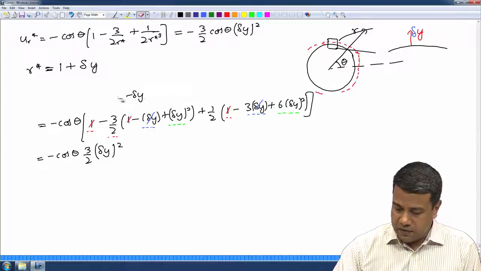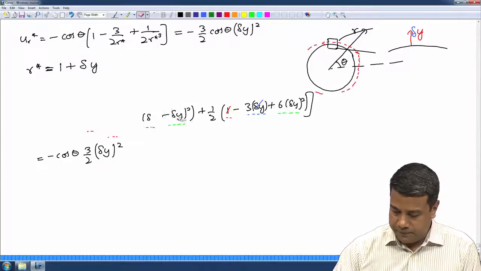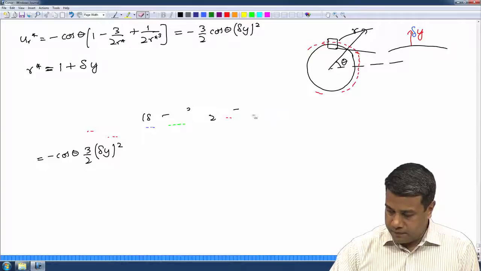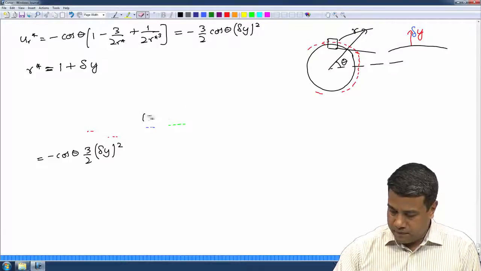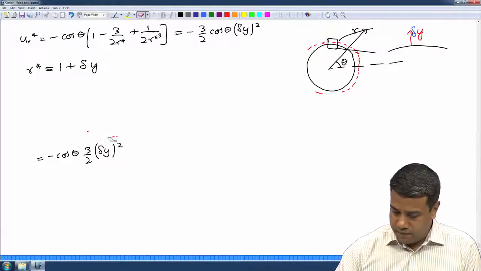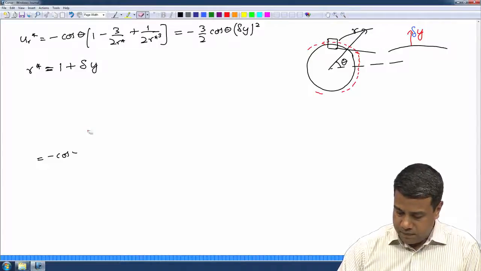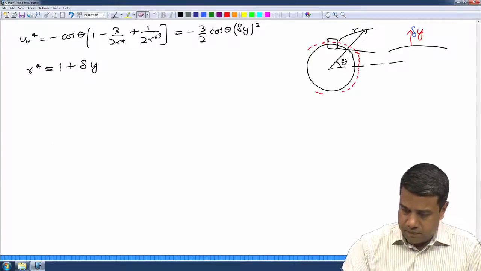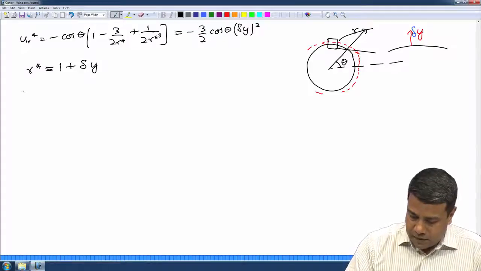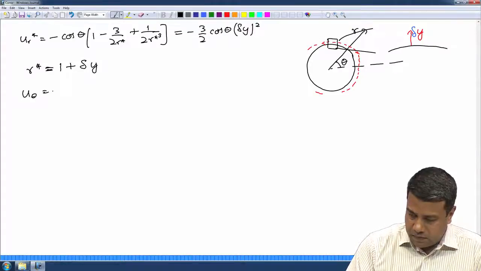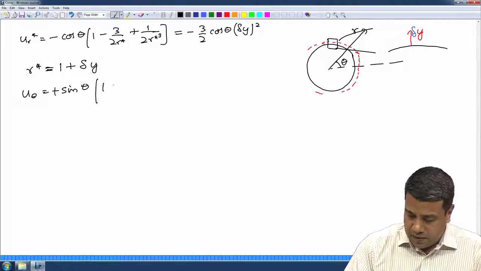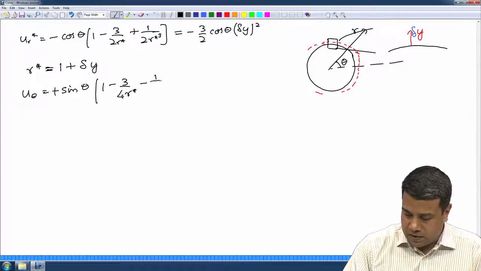You can do a similar thing for u theta. u theta is equal to minus plus sine theta into 1 minus 3 by 4 r minus 1 by 4 r cubed.